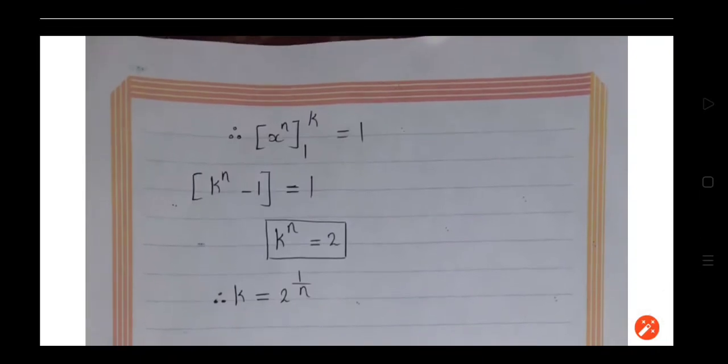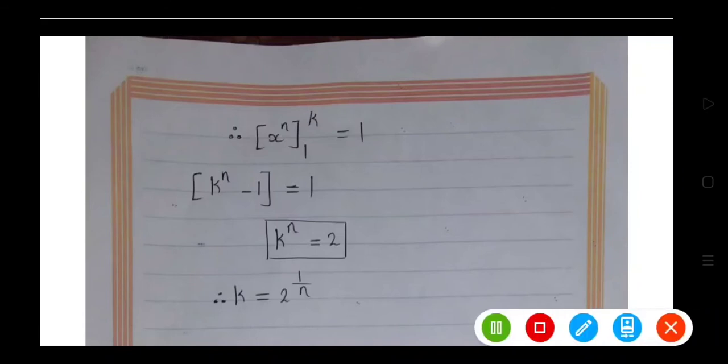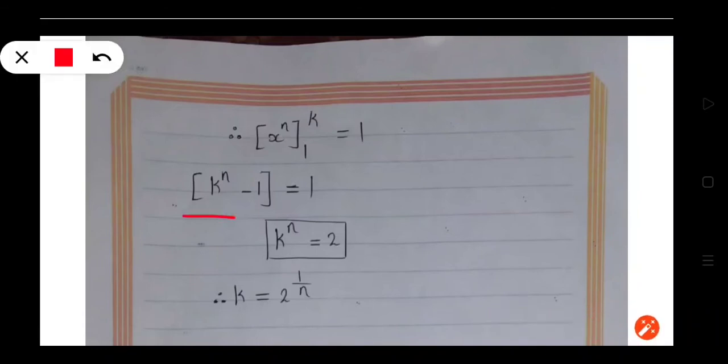We can substitute by the upper limit, that is k. It's equal k power n minus, put x by 1 to the power n, it's equal 1. Put negative 1 in the other side, 1 plus 1 equal 2. So k power n equal 2.